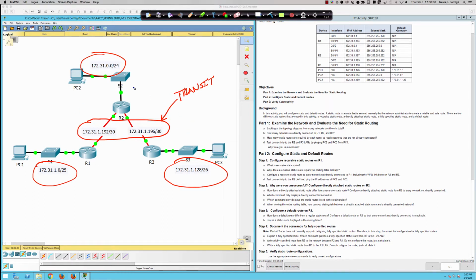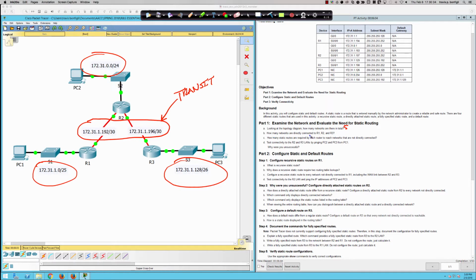All of that traffic between the PCs is going to transit these links. So in other words, these aren't links where you have hosts like PCs and servers and access points. They're simply there to facilitate the transit or transfer of the traffic. So looking at the topology diagram, I see 5.